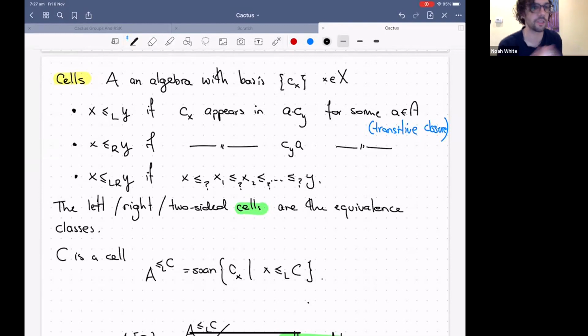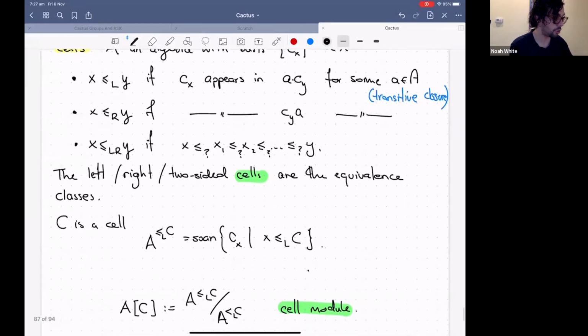I'm going to do an example to clarify this in a second if you haven't seen it. Now the point that I want to get across here is that if you take a cell, so an equivalence class of one of these orders, let's say the left order, so if it's a left cell, then you can define the following ideals.